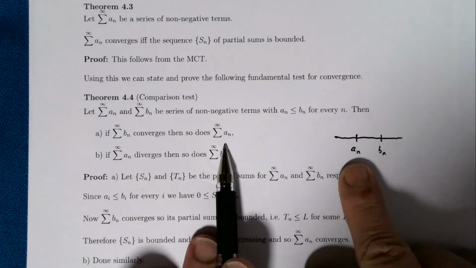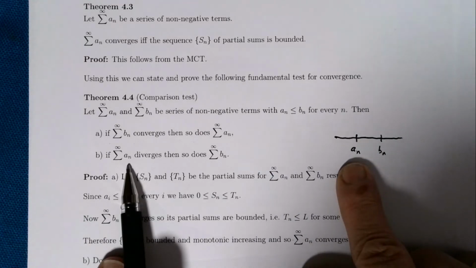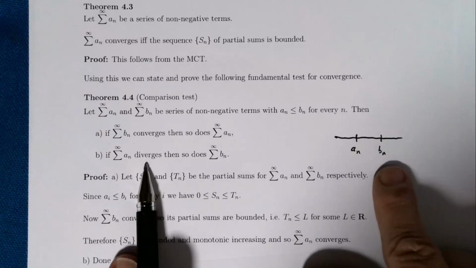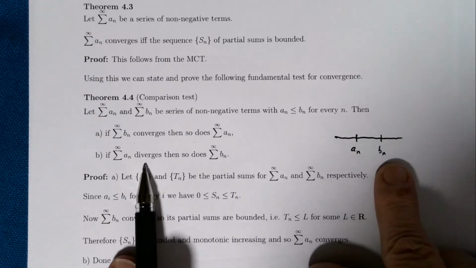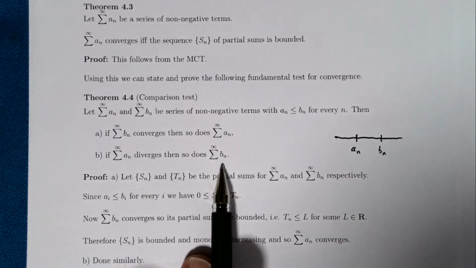On the other hand, if the sum of the a_n diverges, that is, if the sum of the a_n goes off to infinity, the b_n are bigger than that, so they're going to go off to infinity as well. So do the b_n. Now this is called the comparison test.